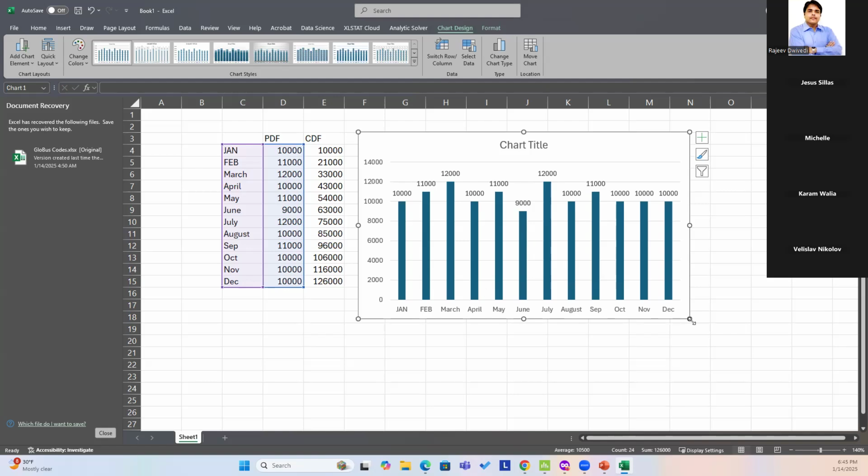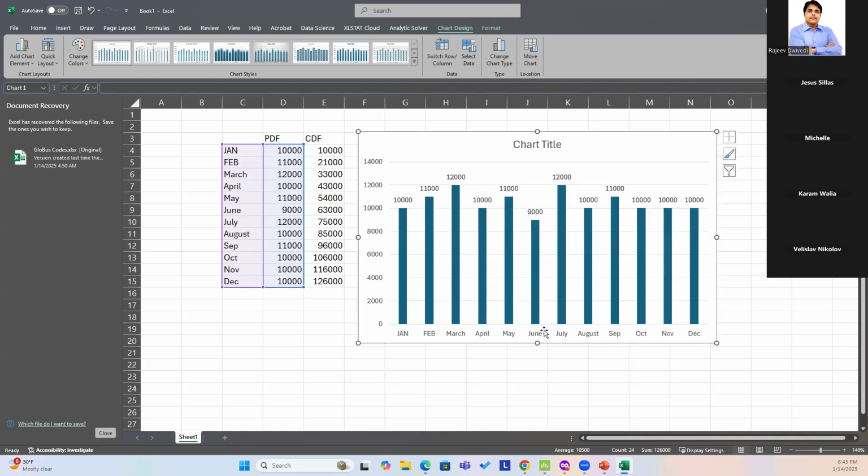Now, if I want to know what salary somebody got after July, after July means August, September, October, November, December, these 5 months. So I have to add 10,000 plus 11,000 plus 10, 10, 10, and sum all of them to get 51,000.